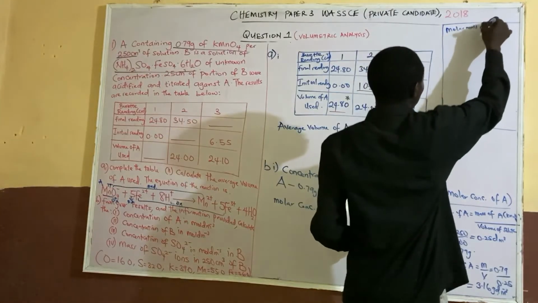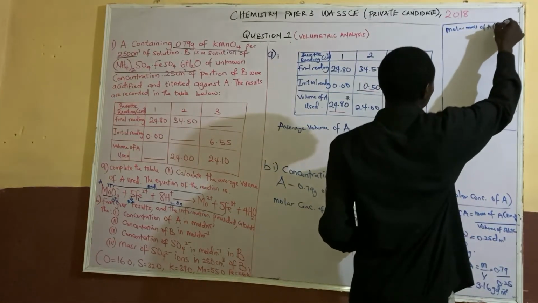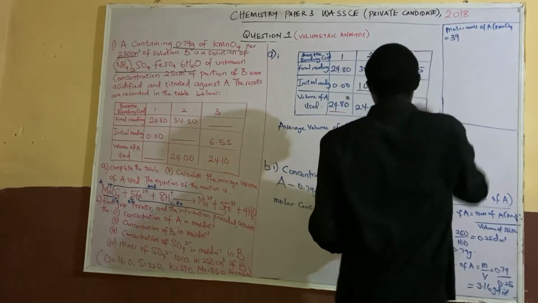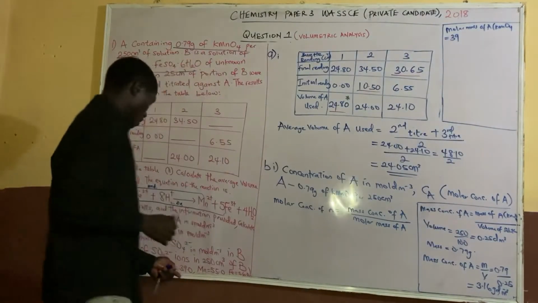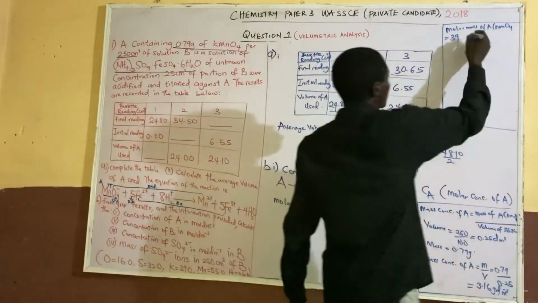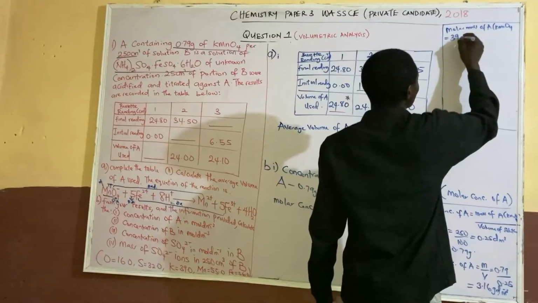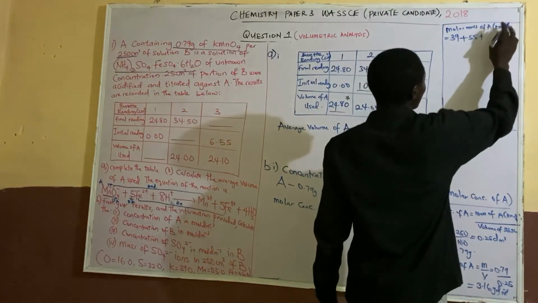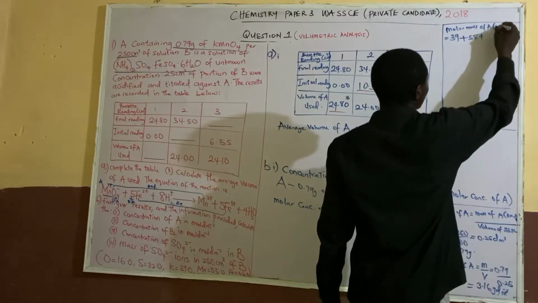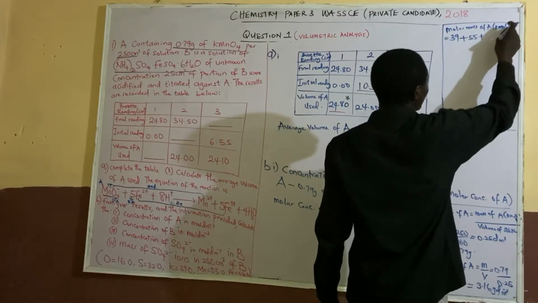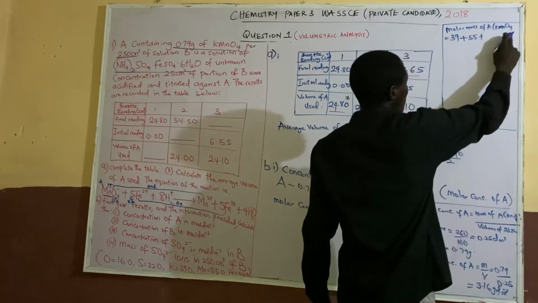The molar mass of A, which is KMnO4, is equal to 39, because the relative atomic mass of K is 39, plus that of Mn, 55, plus that of O, oxygen, which is 16 multiplied by 4.